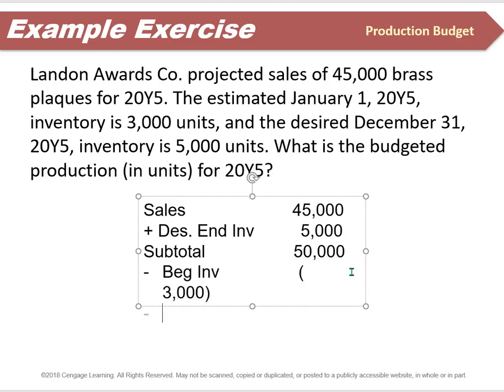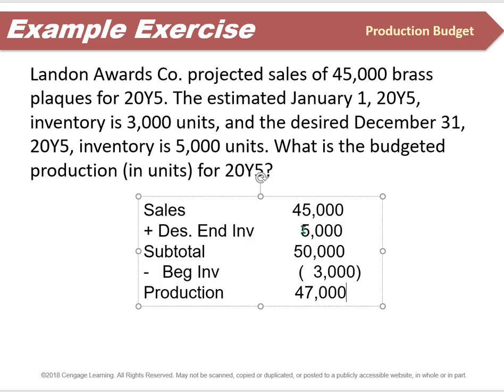And this would be production. Production would be 47,000. So we started out with sales, added desired ending inventory.